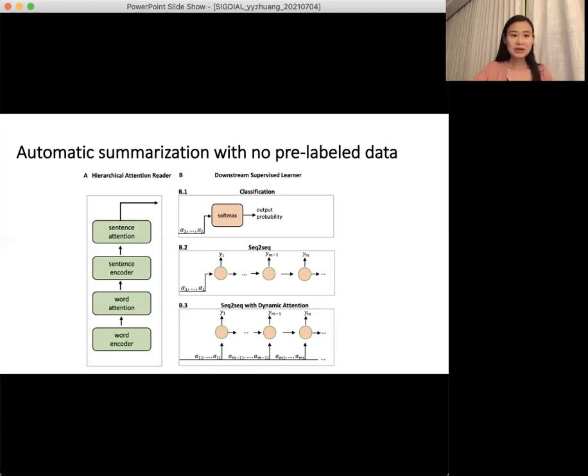In order to address the bottleneck issue, the third supervised learner we explored is a sequence-to-sequence decoder with dynamic attention. The dynamic attention enables every position in the decoder to search through all positions in the input text for important information, and a distinct set of attention scores is calculated for each target word or sentence.